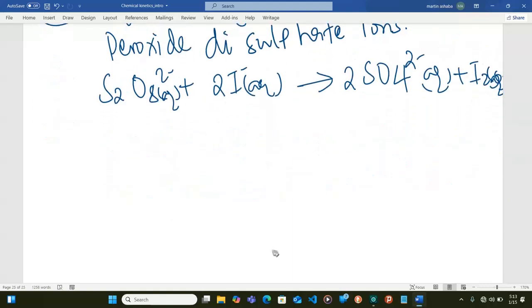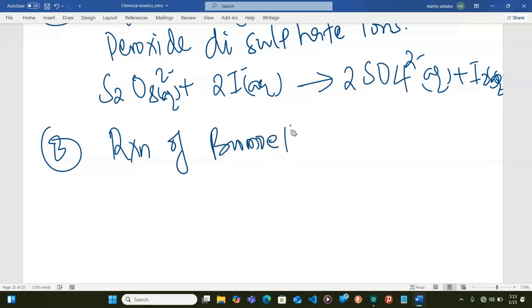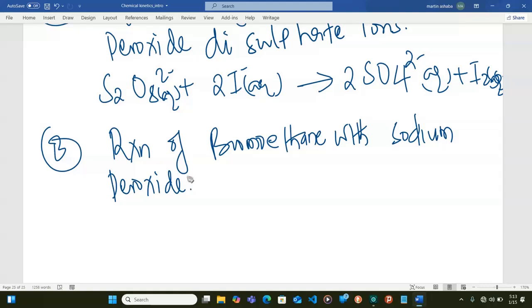Then the next example is the reaction of bromoethane with sodium hydroxide. So this is going to be the bromoethane.